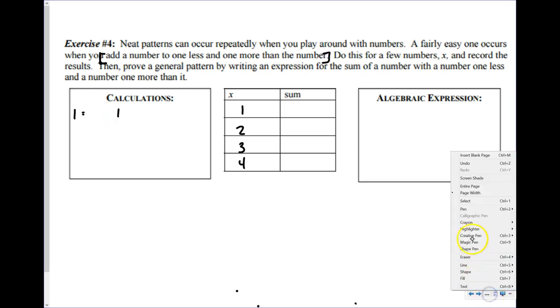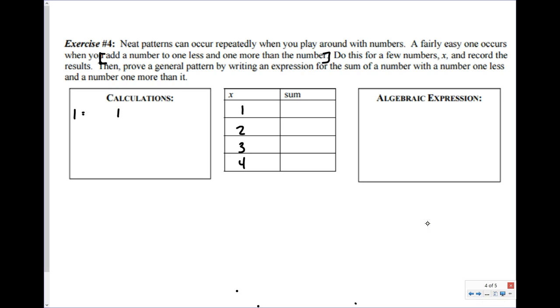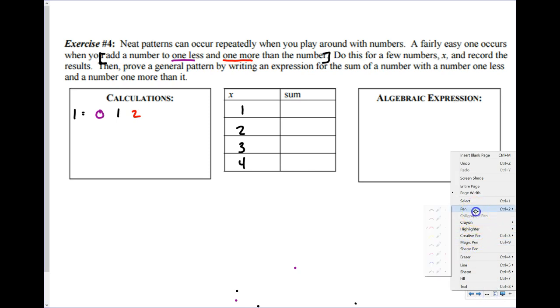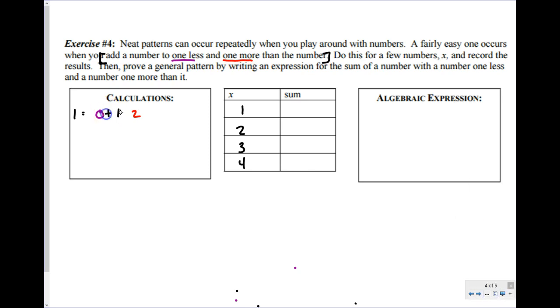What's one more than the number 1? 2. So those are the three things I'm adding together: one less than the number 1, the number 1, and one more than the number 1. So what's 0 plus 1 plus 2? That would be 3. So my sum would be 3.